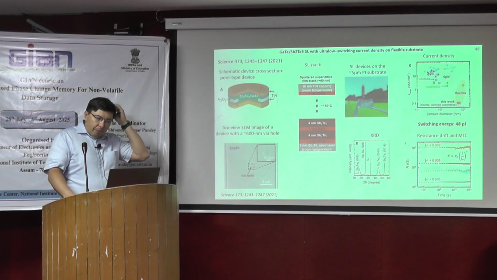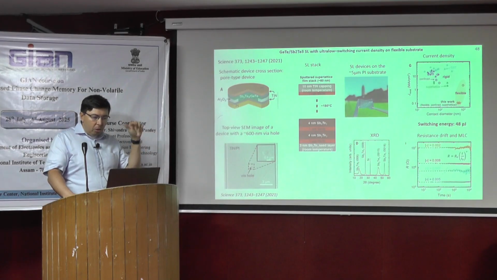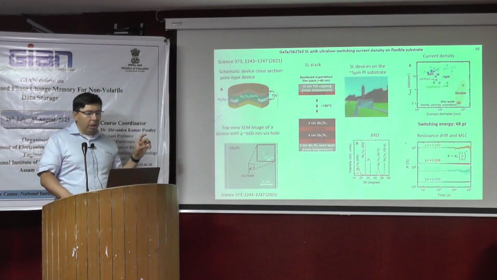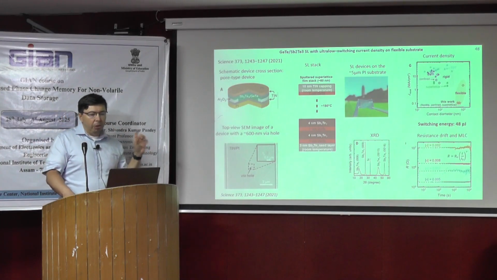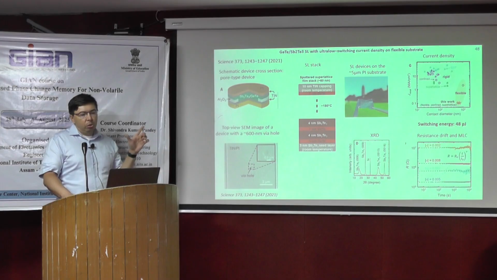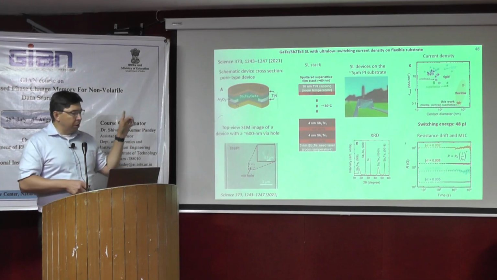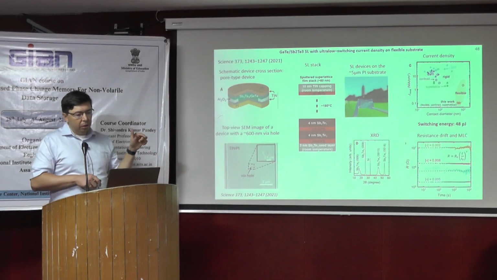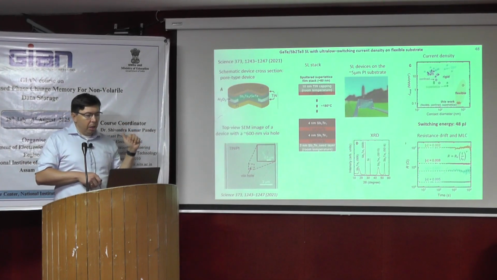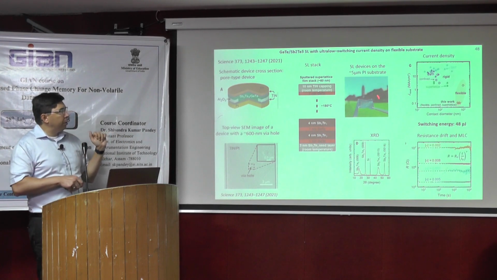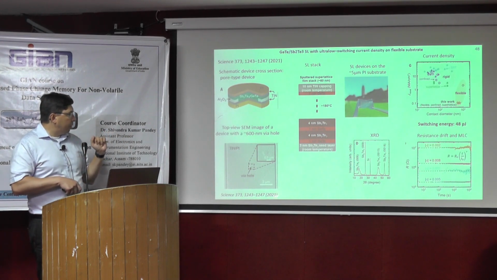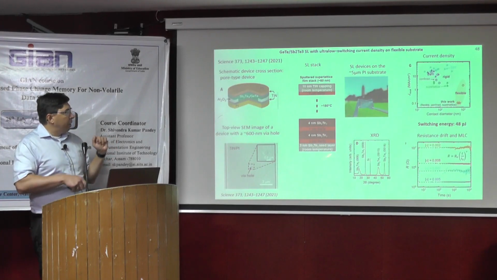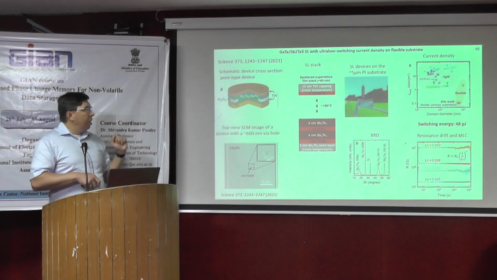The flexible substrates are always made of polyimide, and polyimide has very low thermal conductivity. This is also one reason we considered how we can reduce the melting current and also the reset current density. Here this is one very flexible device, published in Science. And this is the superlattice structure.